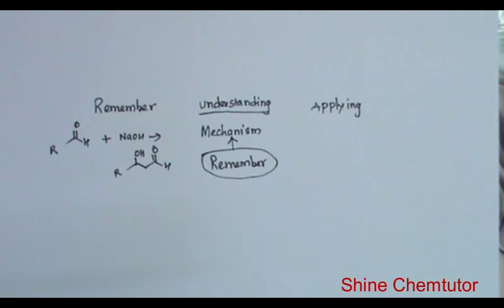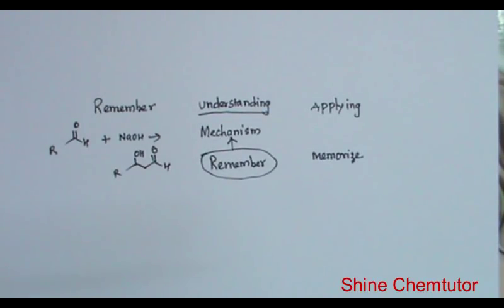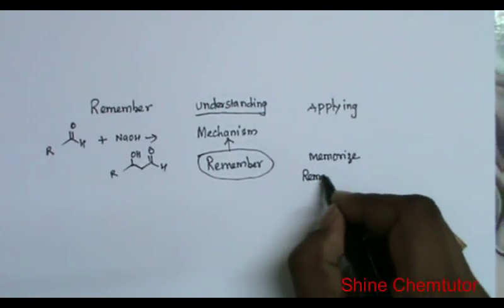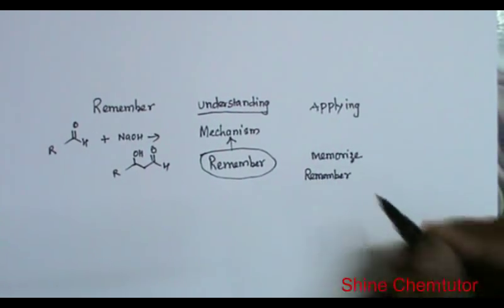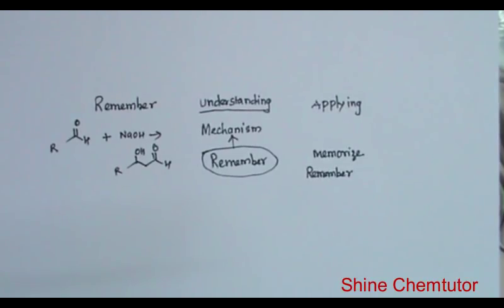The next one is applying the concept. Here also, they try to memorize. How many reactions are there in the book? They try to remember all the reactions. So this also becomes the first level. They try to remember all the substrates, all the applications.